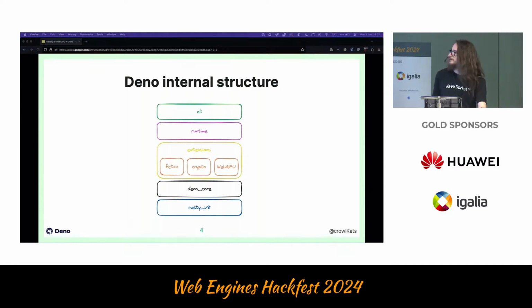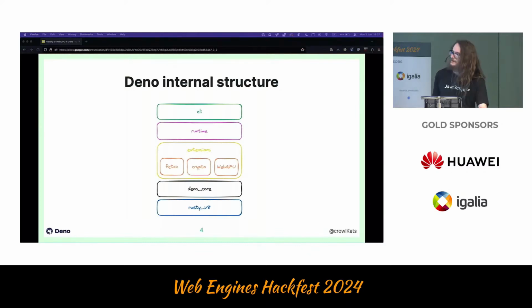Then we have the extensions layer, which is different building blocks that implement various different APIs, for example, the Fetch API, Crypto, and WebGPU. Extensions contain both native code and JavaScript code, and the JavaScript code is what we use to define the web API interfaces. And for the WebGPU extension, the JavaScript part is quite extensive since the API surface is quite large, about 205 kilobytes, which will be quite important later on.